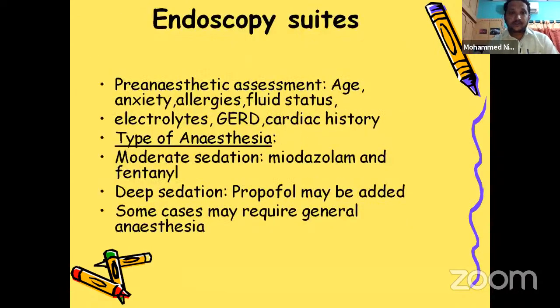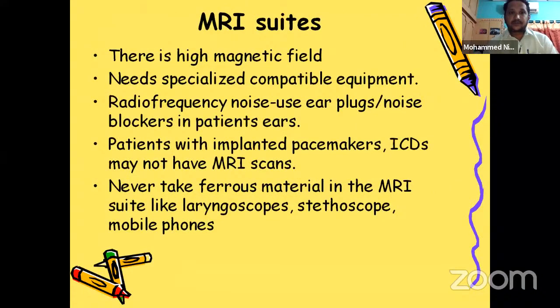So this is about the endoscopy suites. Now coming to the MRI suites. Usually in MRI suites, there is a high magnetic field. These places require specialized and compatible equipment: MRI compatible monitors, MRI compatible probes, and MRI compatible anesthesia machines. Radio frequency noise is a major problem here, so we usually use earplugs or noise blockers in patients' ears.